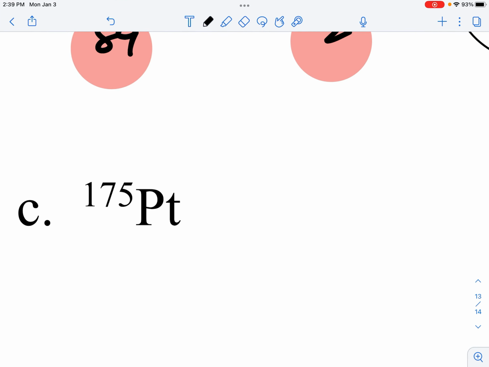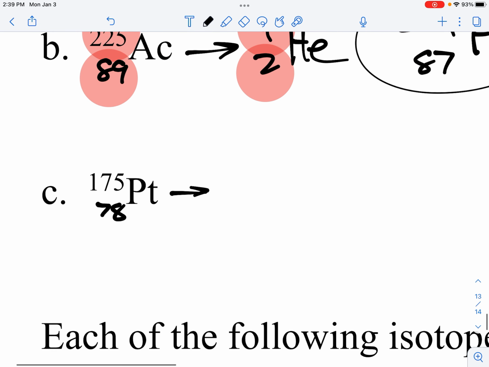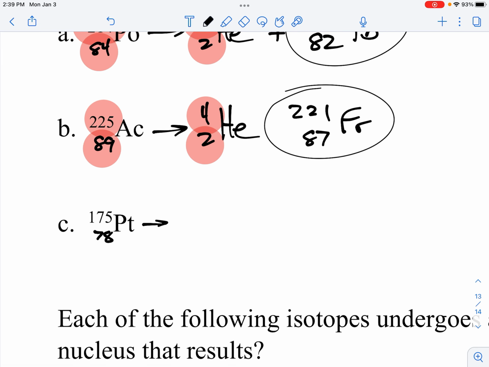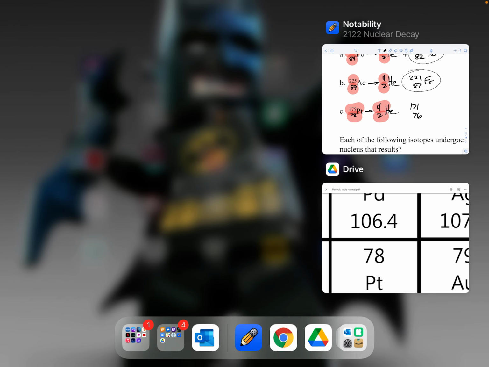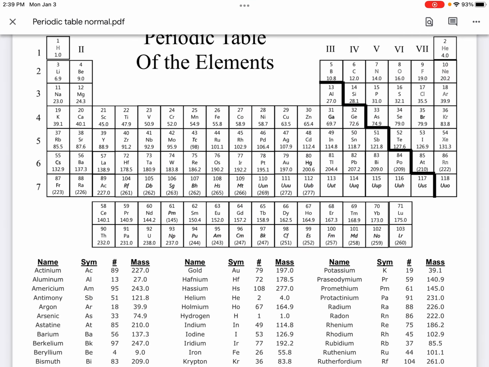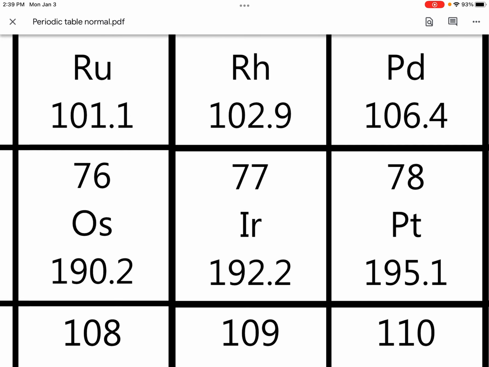So the missing number down here is number 78, like so. And it says it's undergoing alpha decay, so that would be 4,2 helium, because it's always the same. 175 minus 4 gets me 171, and then 78 minus 2 gets me 76. So that radioactive platinum has turned into osmium-171, Os.